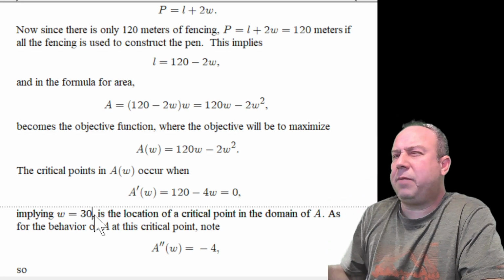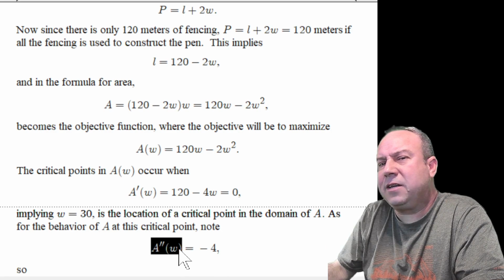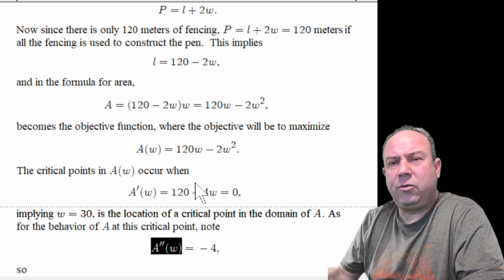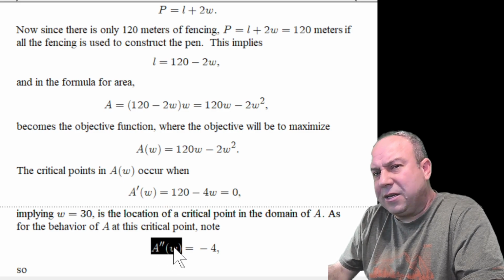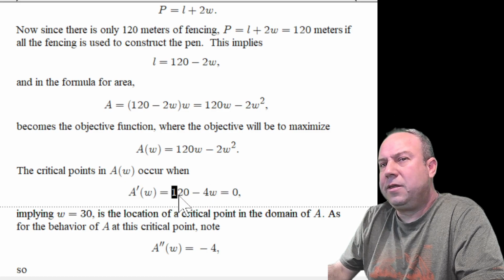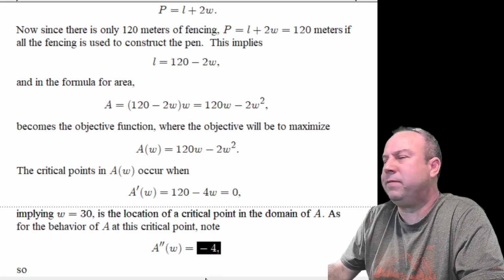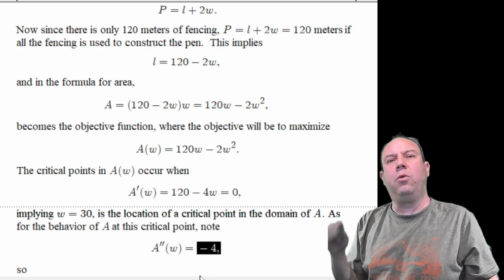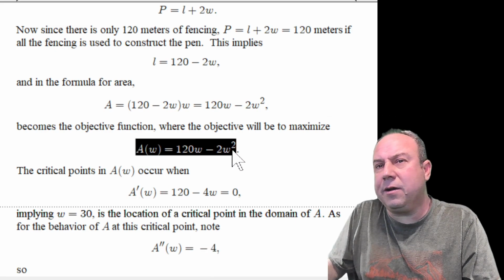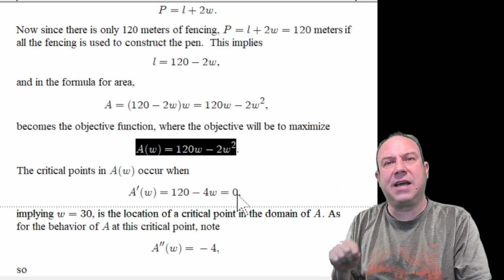How I can double check that it is a maximum is I could consider running the second derivative test on that value of W, W equal to 30. The second derivative of my function, you'll notice, is simply -4. The derivative of 120 minus 4W is just the value -4, which is always negative, which means this function area, described here in terms of width, is always concave down.